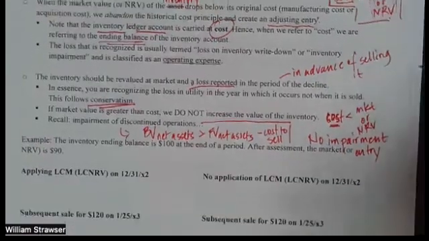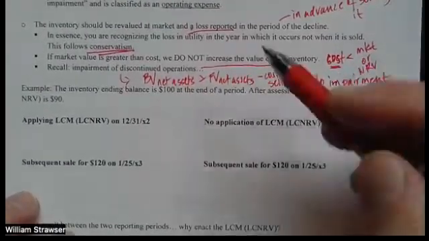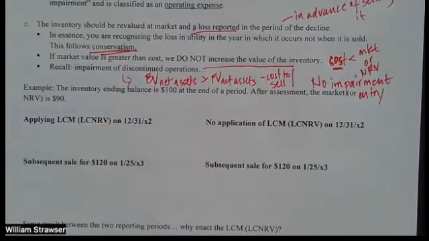All right, so let's look at what happens if I don't do this. So basically I have this example. The inventory ending balance is $100 at the end of the period. After assessment, the market or NRV, whichever one we're doing, and we'll talk about the difference between the two in a second, is 90.